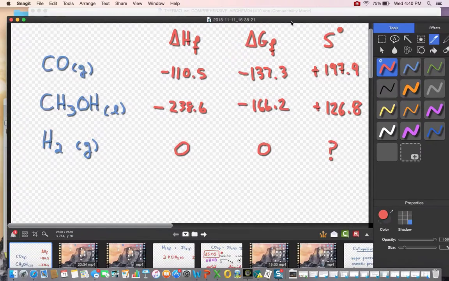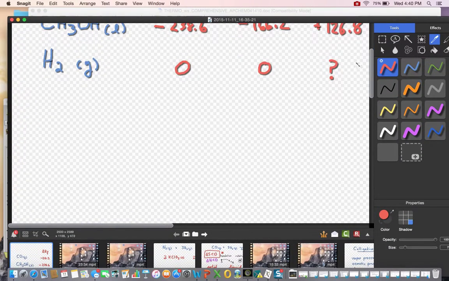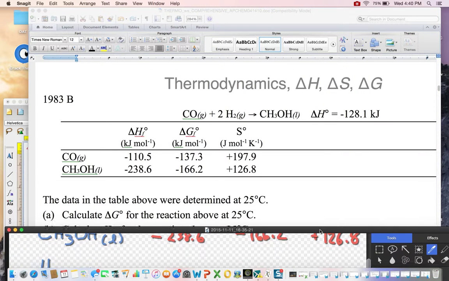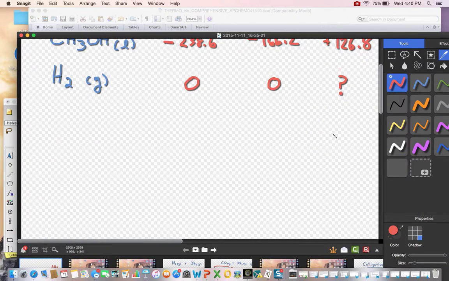Now that we have all of our data, let's get to answering some questions about this particular FRQ. We want to calculate the delta G for the reaction. We're going to use Hess's law in order to do this.